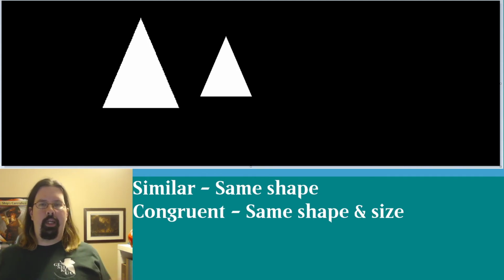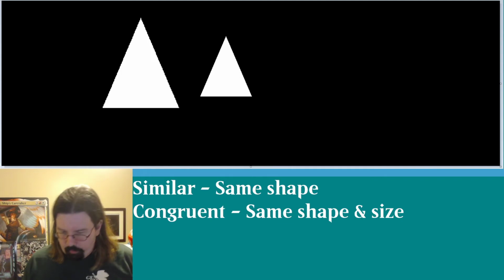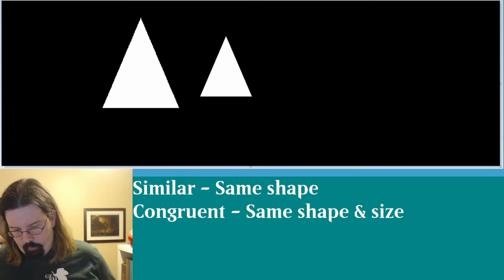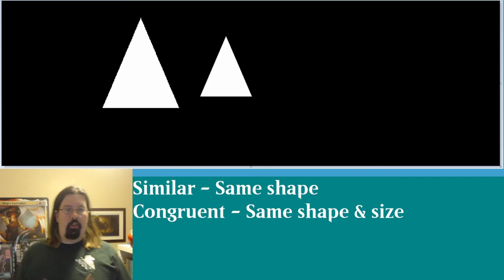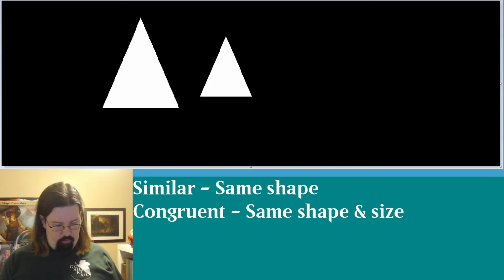The only thing you really need to care about for similar triangles for this exam is, what is that word? Cool. The only thing we care about is scale factor. So let's talk about scale factor.